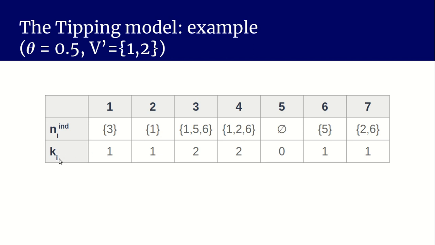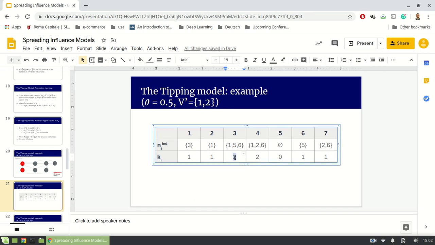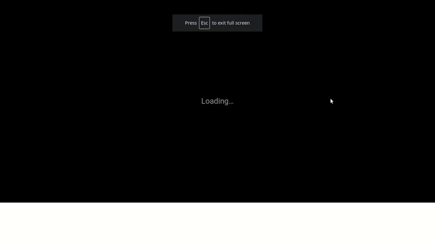K sub I instead represents the cardinality, so the length of the set of the incoming neighbors for each node. So in this case it is 1, in this case also 1, in this case 3, so here's my mistake, it should be 3. Okay, in this case it is 3, in this case also 3, in this case 2.